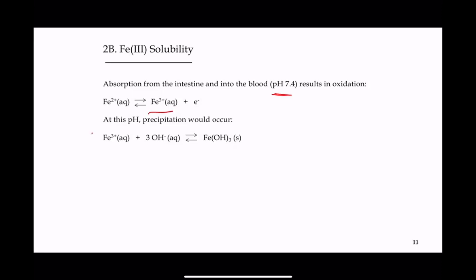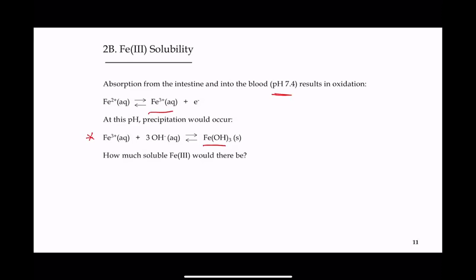So here's just a representation of this, where you have iron interacting with hydroxide that's available at a pH of 7.4, and that's leading to this event where you form iron hydroxide as a solid, so it precipitates. So one of the key things is that this introduction of the iron into the environment of the blood would result in a precipitation.